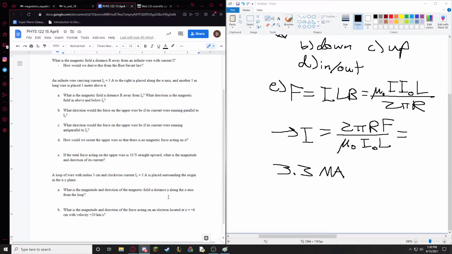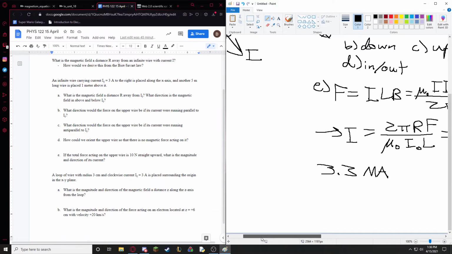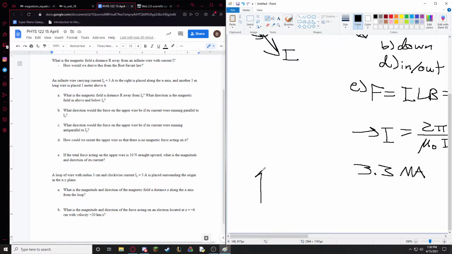So we're going to have a loop of wire with a radius of 3 centimeters and a clockwise current of 3 amps placed surrounding the origin in the XY plane. Essentially what that means is, if we have our XY plane, what direction would the Z direction be in this case, if we have X and Y?